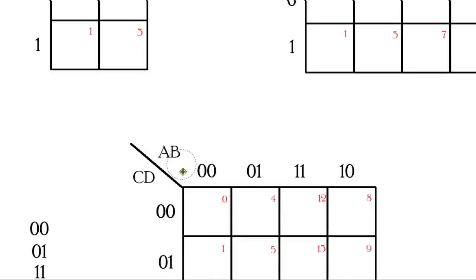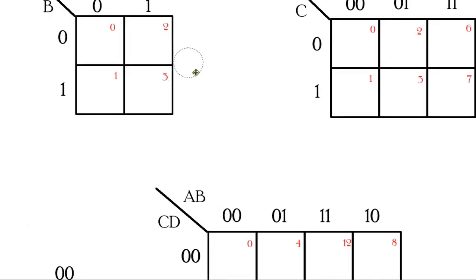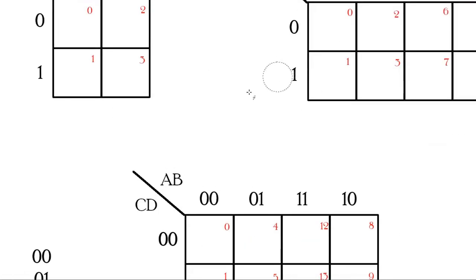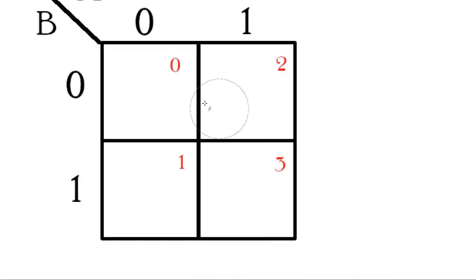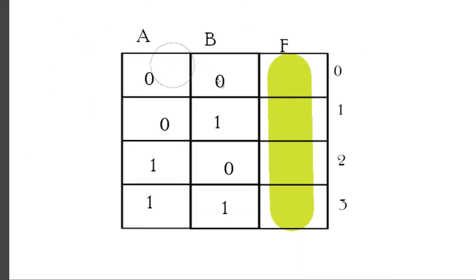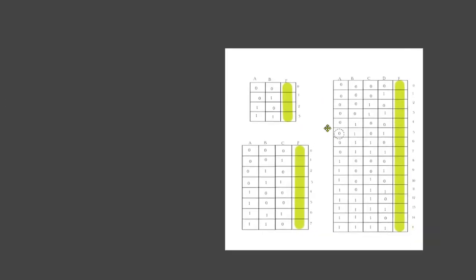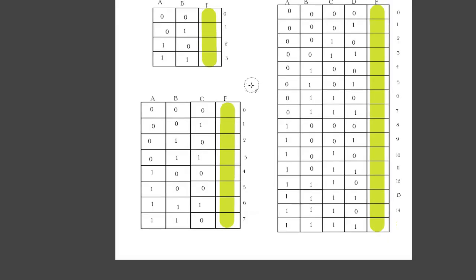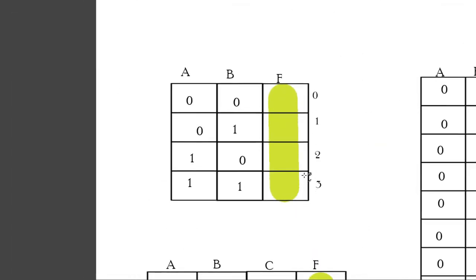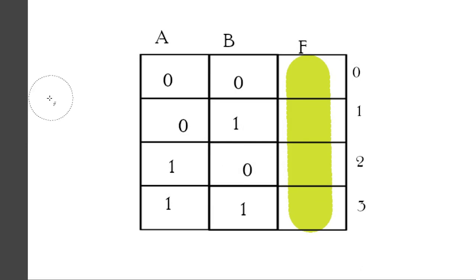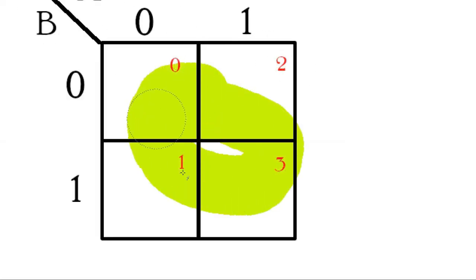So when we talk about K-maps, the first thing that we have to realize is that each square in a K-map represents one square of the truth table itself, right? So for example, if we take the two variable truth table, there are four squares for outputs, and for each of these squares we have a square in the K-map.